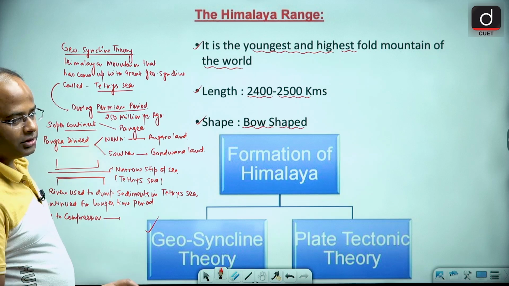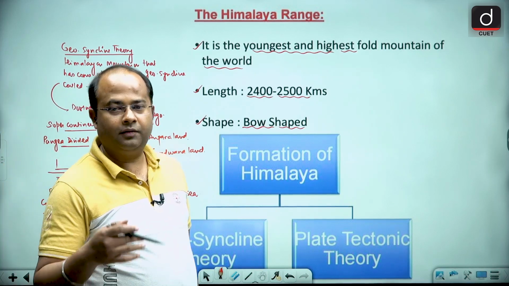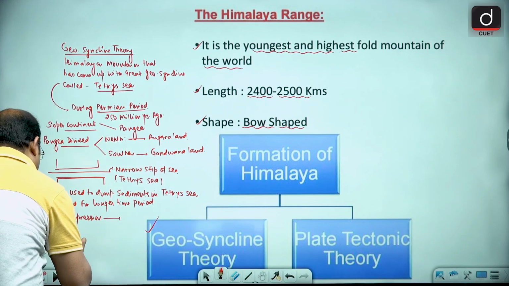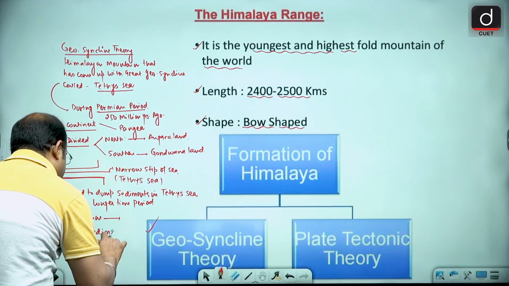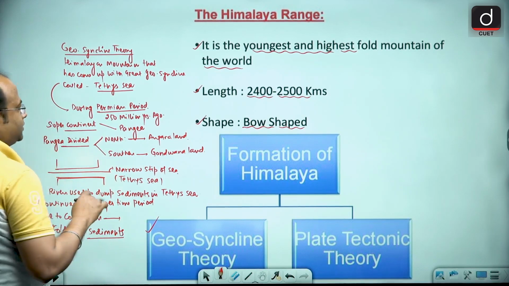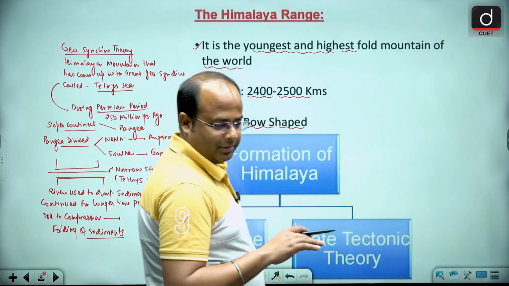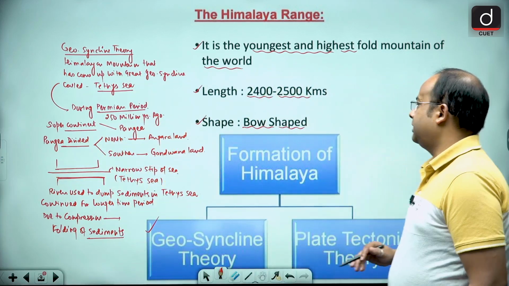Due to the compression, this resulted in folding of the sediments, and due to which the Himalayas were formed. That was given as the geosyncline theory.